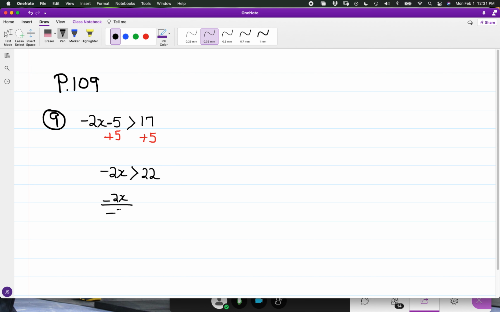if I divide by negative 2, what's going to happen here in the case of inequalities? If I multiply or divide by a negative, the direction of the inequality is going to change.